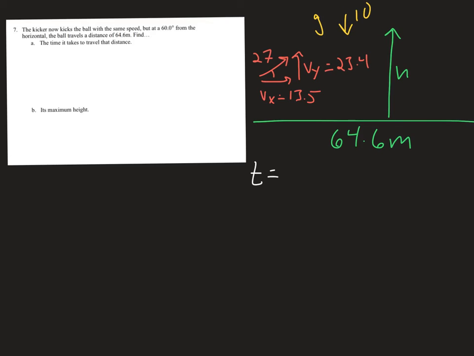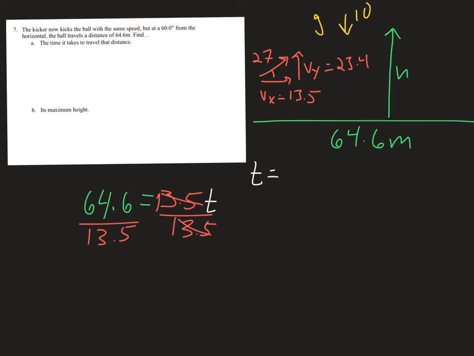But this time, no pun intended, we are going to utilize the fact that I have a little bit different setup, and what I'm going to be solving for is my t. So I need to divide both sides by 13.5. So that equals 1 times t, which is just t.